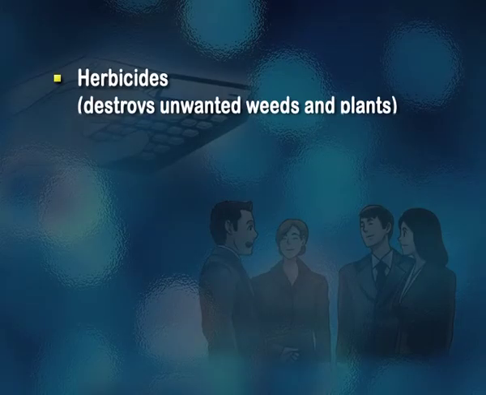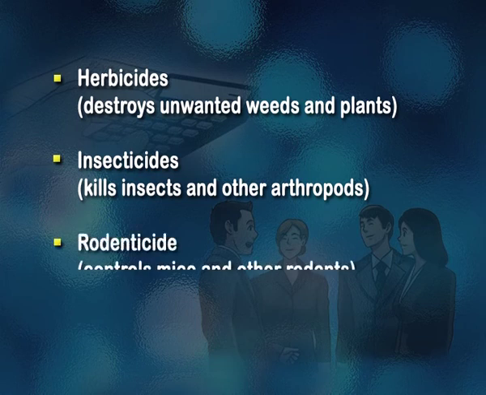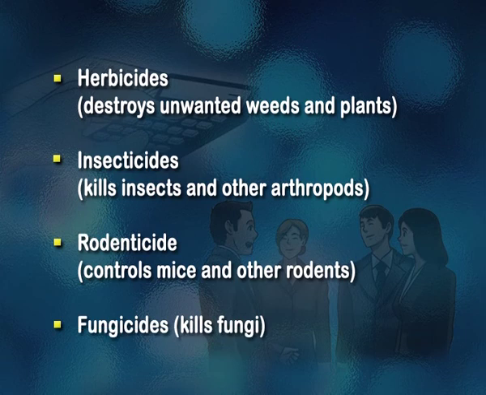These 203 pesticides are being used against various pests and diseases, and the most commonly used include herbicides, which are used to destroy weed plants, insecticides, which have the capacity to kill insects and other arthropods, rodenticides, which can control mice and other rodents, and fungicides, which can kill fungi.